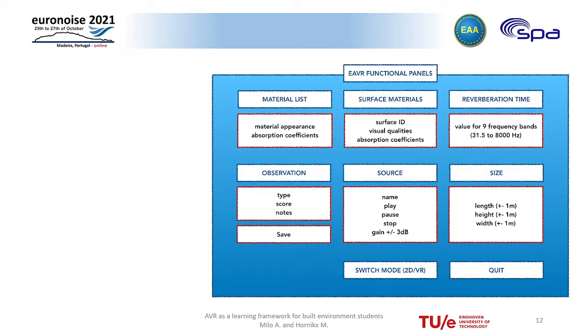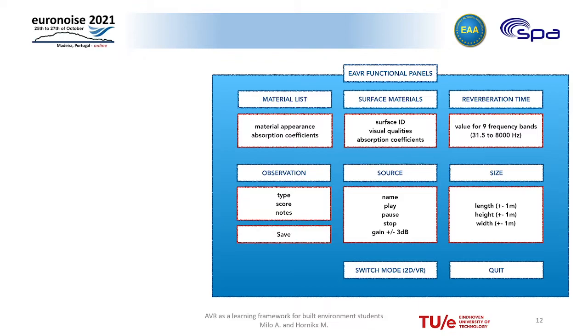And now, here you have an overview of the EVR functional panels, which correspond to what you have just seen in the previous videos. We have a panel for the materials where you can select the materials, you can inspect the visual qualities of the material and their absorption coefficients. We have a panel to display the materials applied to the room.